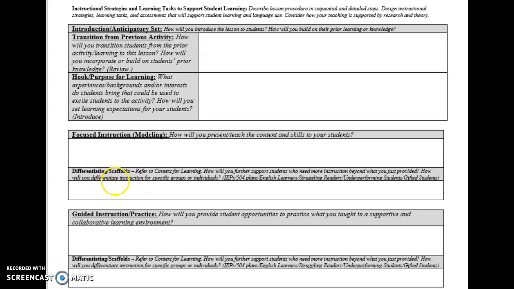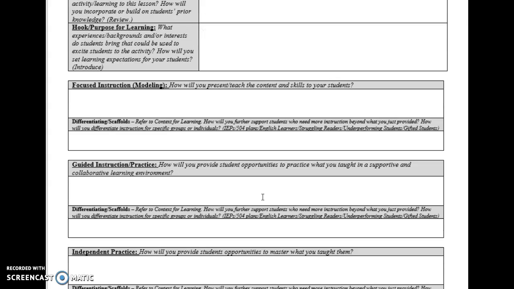Differentiating and scaffolds, that's going to account for your IEPs, your 504s, and your ELs. So how are you going to assist English learners? Are you going to allot more time for them? Are you going to give them maybe some specific questions that they have to answer because maybe they're a little bit easier on the academic language level?